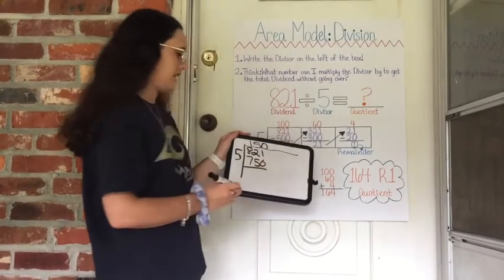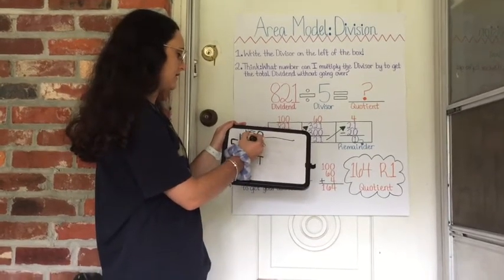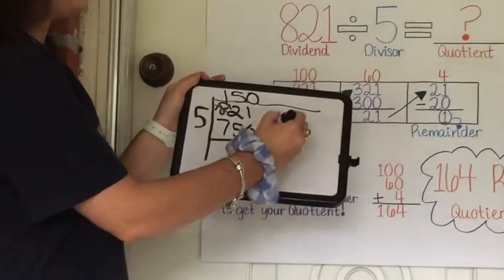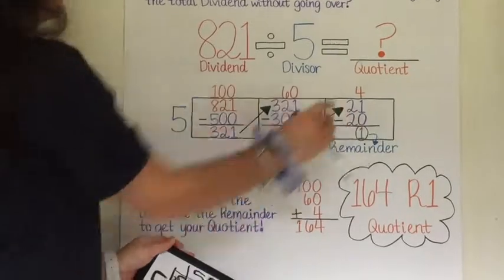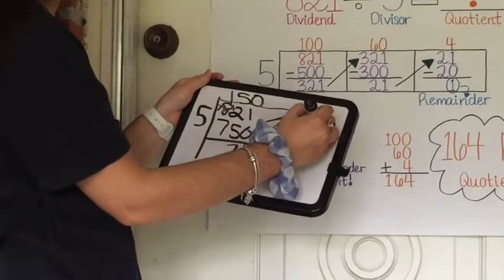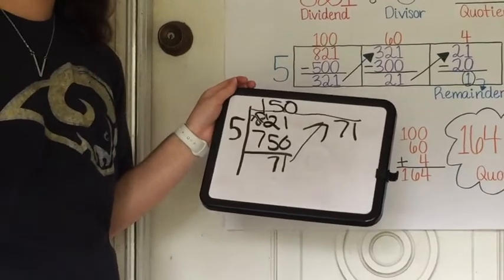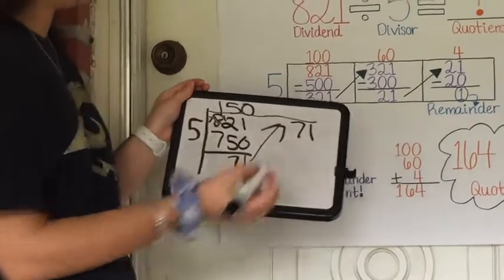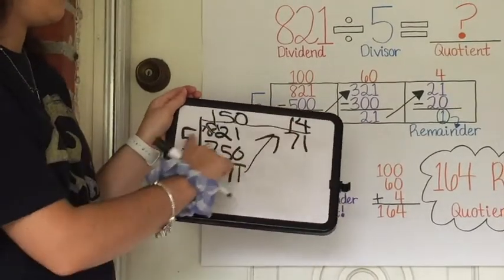So we would put that there, and then we would do that subtraction problem, and we would get 71. And then we would move 71 up here, just like we did over here. And then again, you would think, what can I multiply 5 by to get 71 but not go over 71? So in this case, our number would be 14, and 14 times 5 is 70.